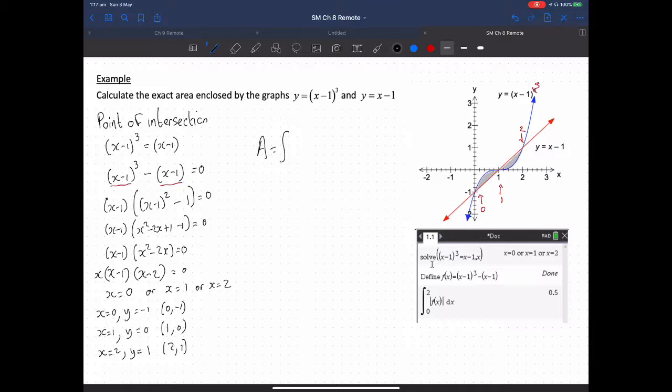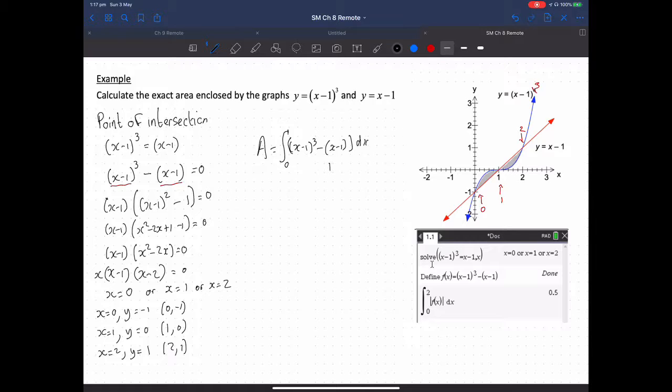Our area is going to be the integral from the first part, where the blue graph, which is the cubic, is above the straight line. So I'm going to go from 0 to 1 of (x minus 1) cubed minus (x minus 1) dx.